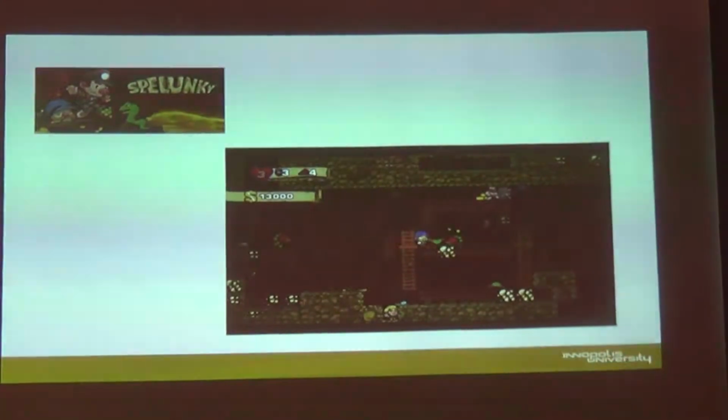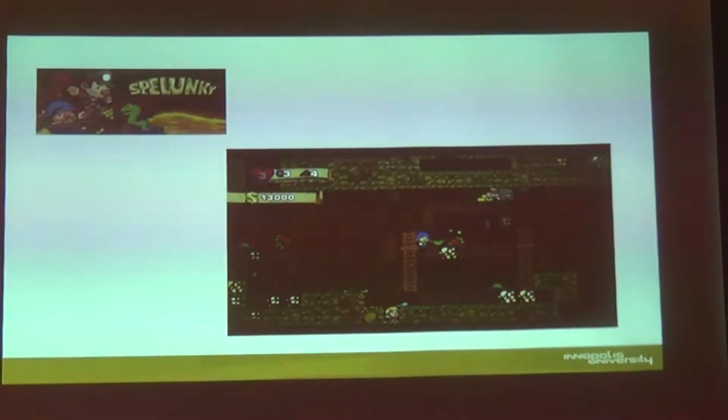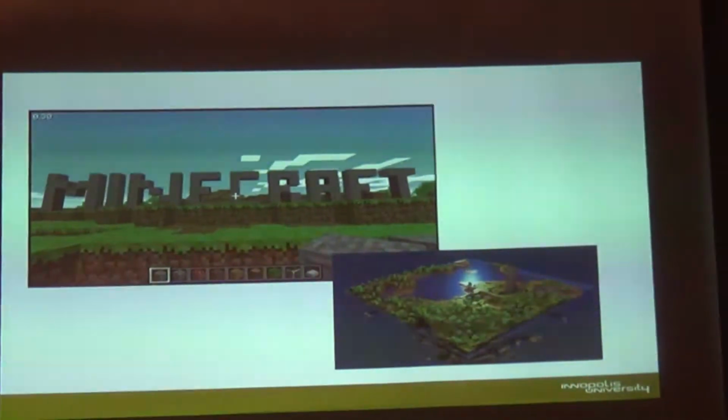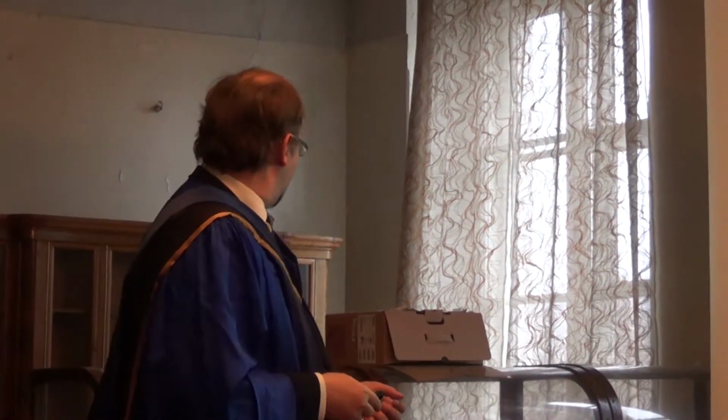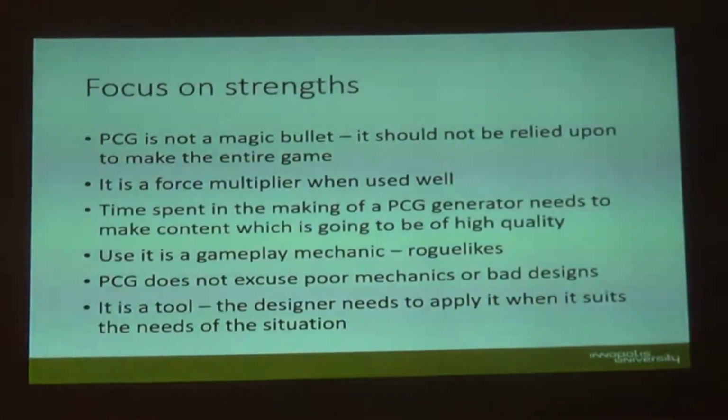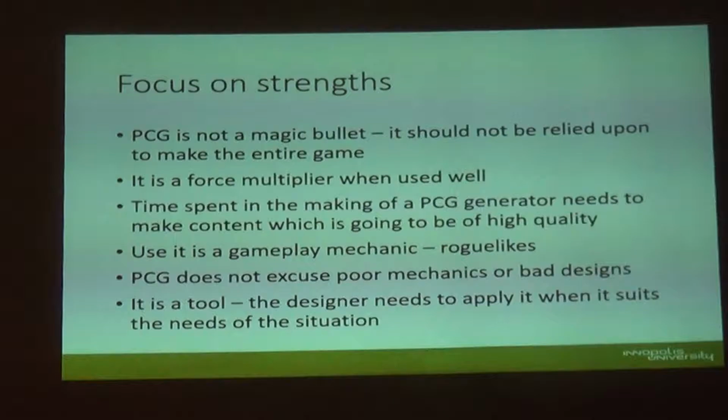Spelunky, again, how the level is laid out. So a lot of these up till now have basically been roguelikes. But we've probably also seen this one, right? Minecraft: the original world is based upon a random number generation seed, and that creates the world out from that.